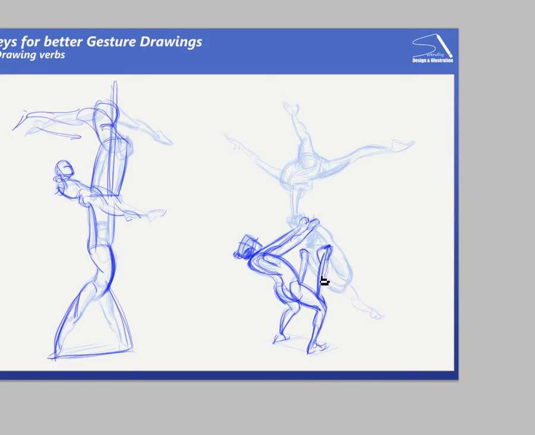And she has a very strong stretch from her back to her leg, right there. So this is one long and big curve. Notice that I'm not focusing on all the bumps and details of the anatomy yet at this point. That's for later on.